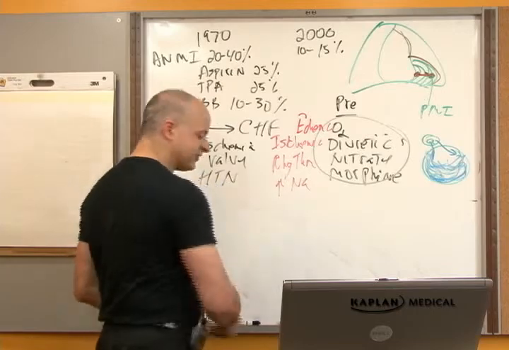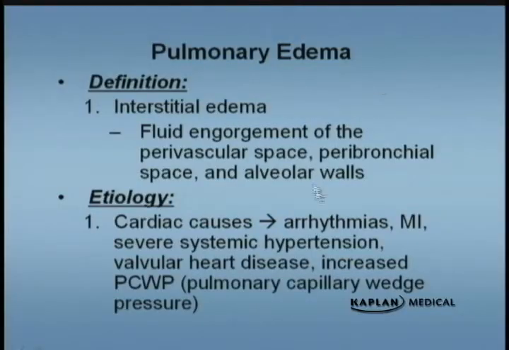Arrhythmia and more ischemia increase the wedge pressure. Now, normally, what is the contribution of your atrium to cardiac output?